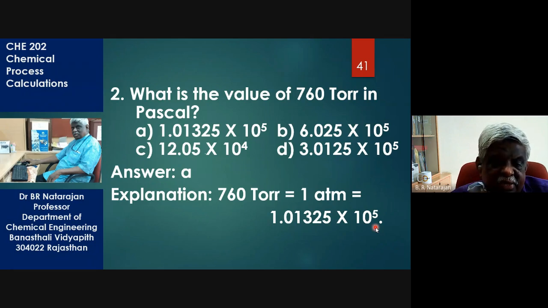So recollect, 760 torr is 1 atmosphere and 1 atmosphere is 101.3 kilopascal. Using these two terms, we already got 760 torr is 1 atmosphere, which is the same as 101.325 kilopascal, or in terms of pascal, 1.01325 into 10 to the power 5.